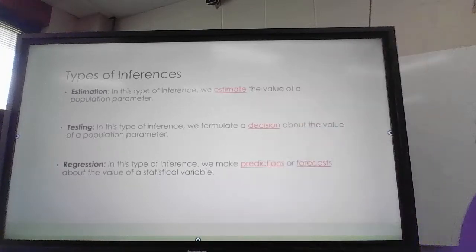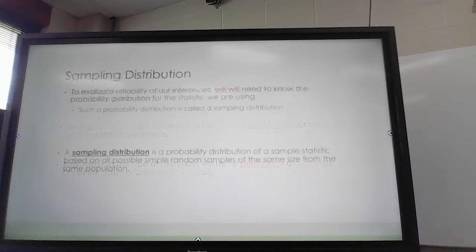And with regression, we make predictions or forecasts about the value of a statistical variable. You could think of this as a progression, right? You start with an estimation where you think your parameter is going to have a certain value. In the testing phase, we make a decision about what the value of that parameter actually is, and based on that, we can make predictions or forecasts about the value of that variable.